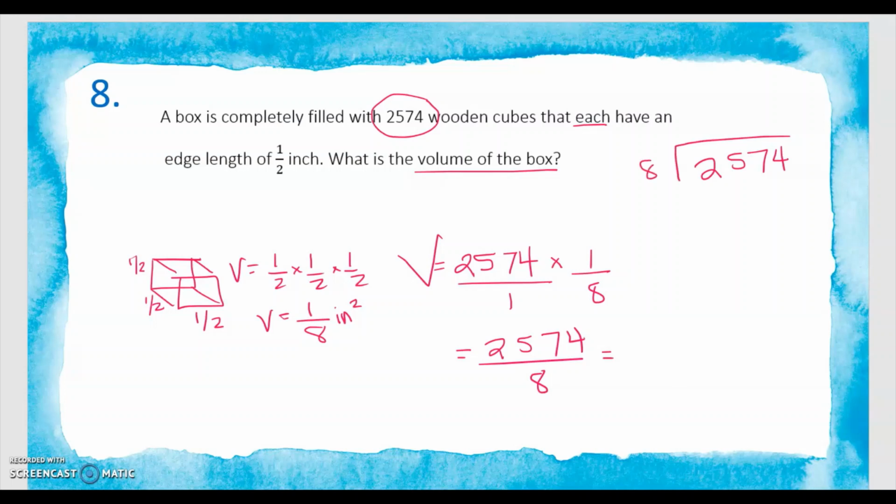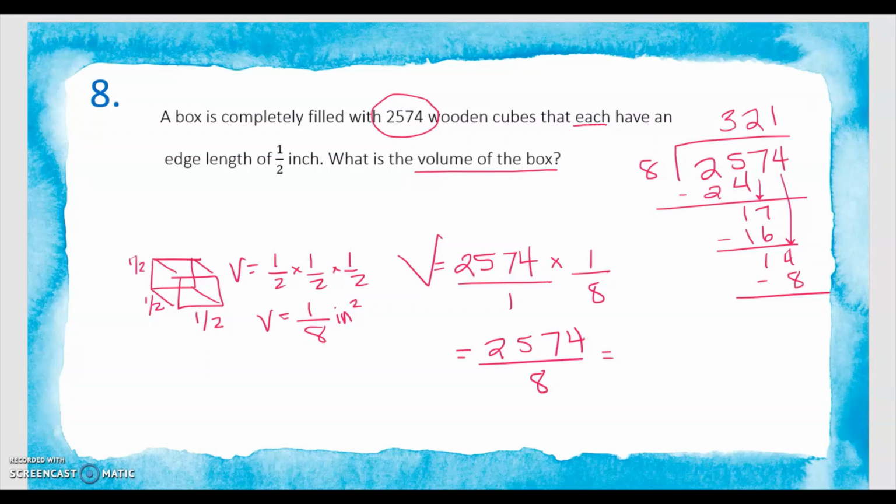So I can do 2,574 divided by 8. 8 goes into 25 3 times, which is 24. 1 left over. 8 goes into 17 twice, which is 16. And then bring down my last number. 8 goes into 14 only 1 time.